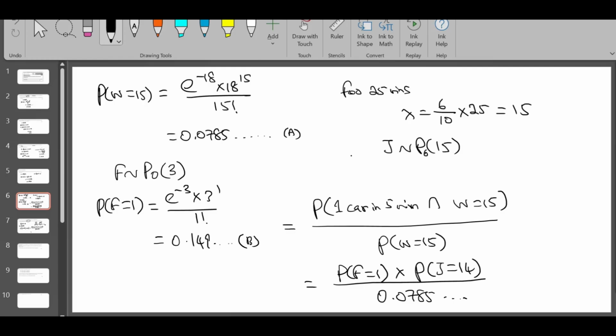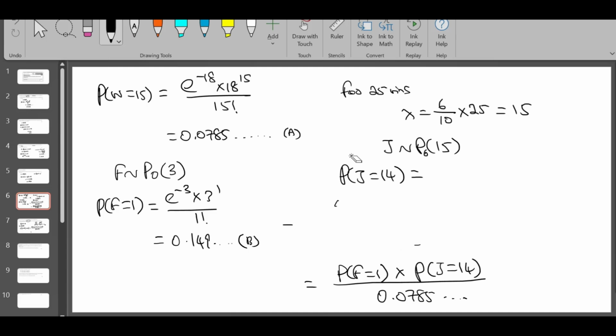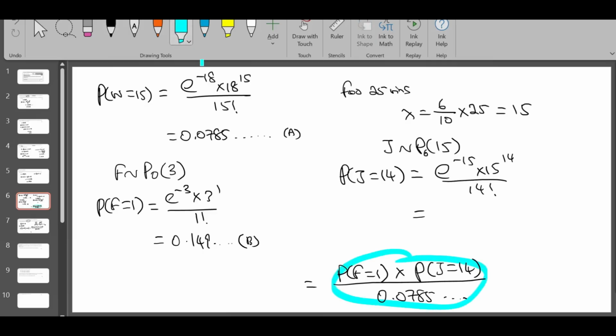But we need to find P of J equal to 14 now. You understand why we are finding 14? Because the total is 15 cars and the first one arrived in the first 5 minutes already. So it's e to the power minus lambda, lambda to the power 14 over 14 factorial.